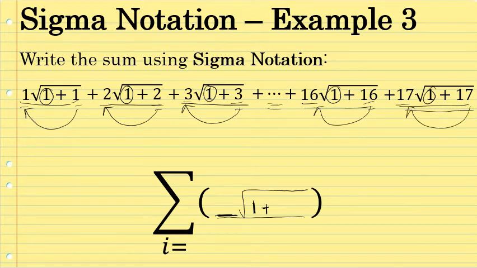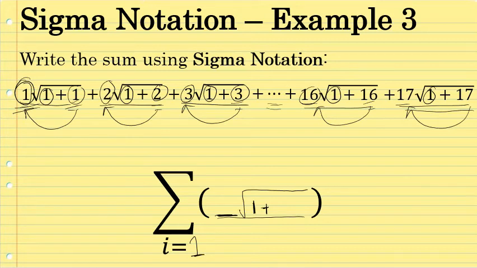That number that shows up on the outside and as the second term inside the radical starts at 1 and is increasing by 1 as you work your way through the sum. It starts at 1. That's the lower bound of this summation.